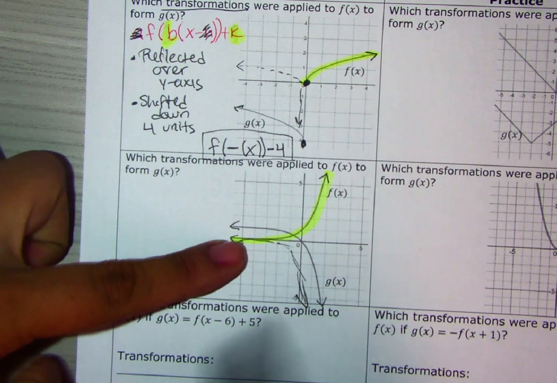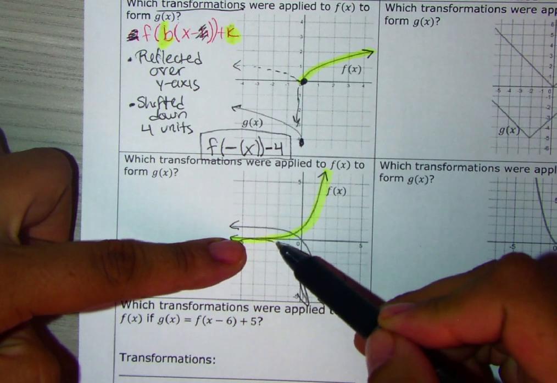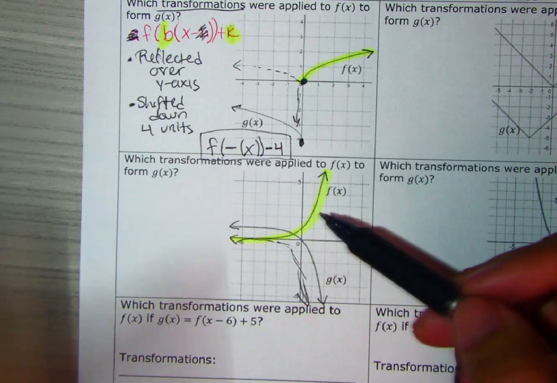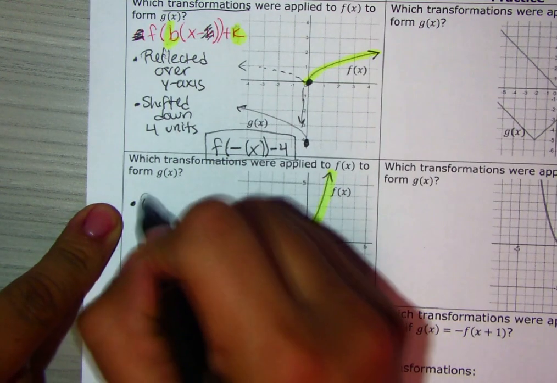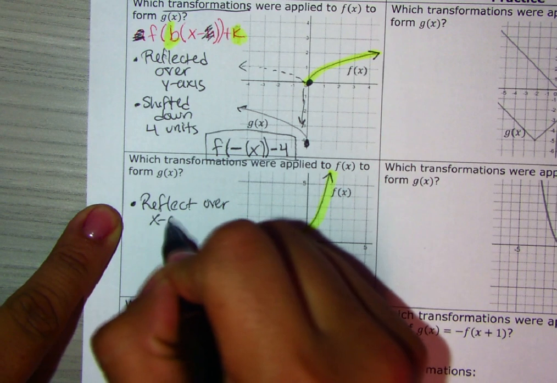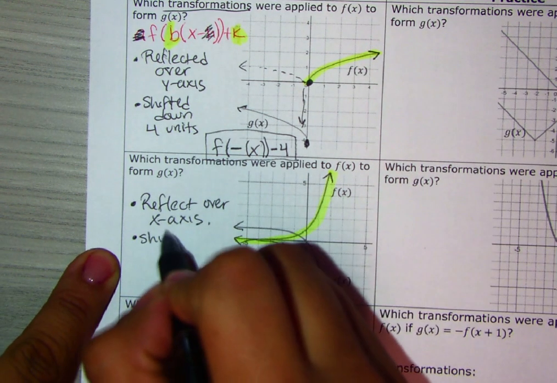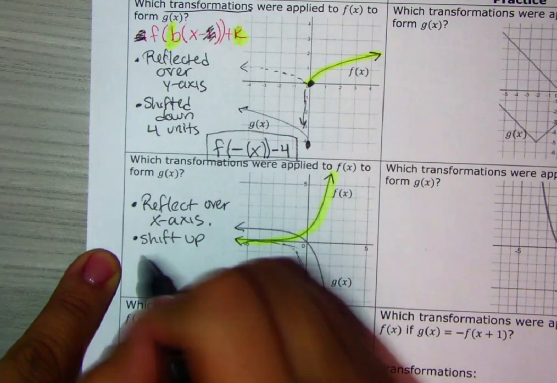But then now if you notice the one we're looking at, it's actually shifting this graph up. So it's going to be reflect over x-axis and shift up 1 unit.